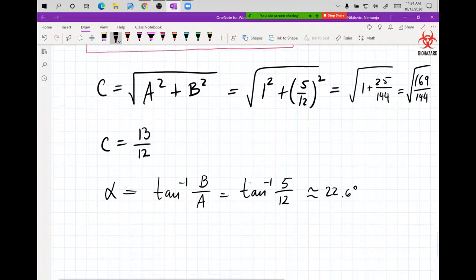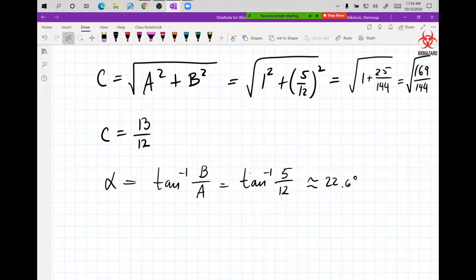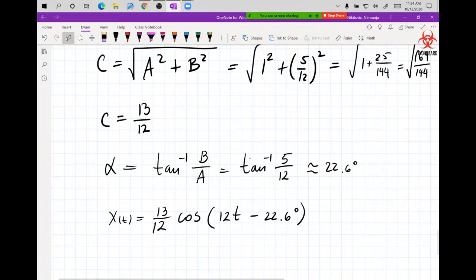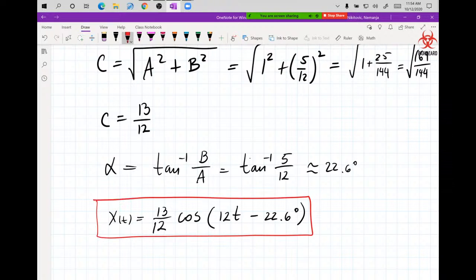22.6 degrees. So I can write this as x of t equals 13 over 12 cosine of 12t minus 22.6 degrees. You can also write that in radian measure if you want. But since this is an engineers' answer, engineers love degrees, not radians.